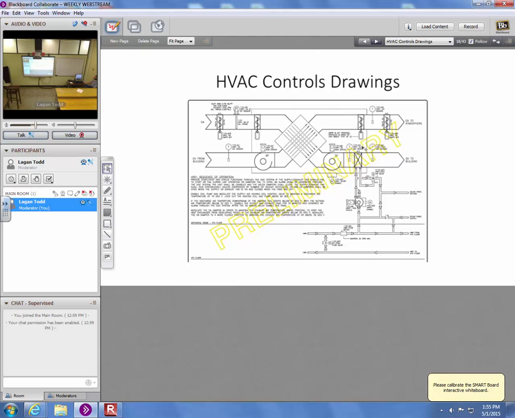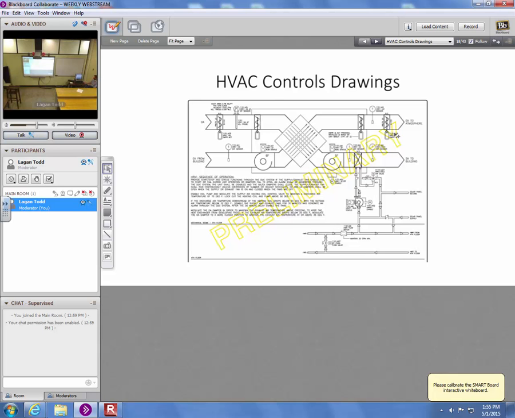Usually somewhere, if not on the same page, they'll have a bill of materials that lists out all those controls components and the quantities and model numbers and that kind of thing. And then again, may not be on the same page, but they should write some kind of sequence of operations. The sequence of operations is usually produced by either the design engineer for the project or the controls contractor, or it's a collaboration between the two parties.